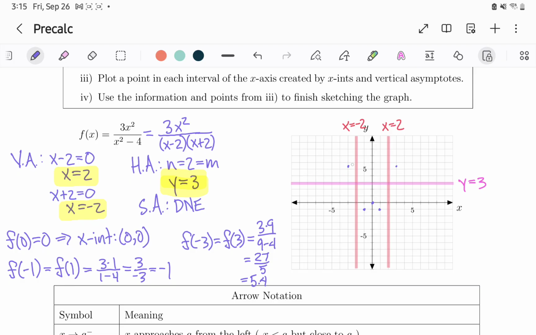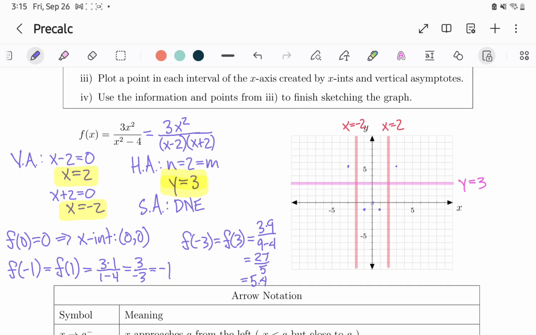But we already have our points there, and all we're going to do is start graphing from these points by going towards the vertical asymptote and going towards the horizontal asymptote. Because when it comes to asymptotes, these are just invisible lines that our graph will approach, but never cross or touch. So they'll get very close to them, but they'll never cross or touch them.